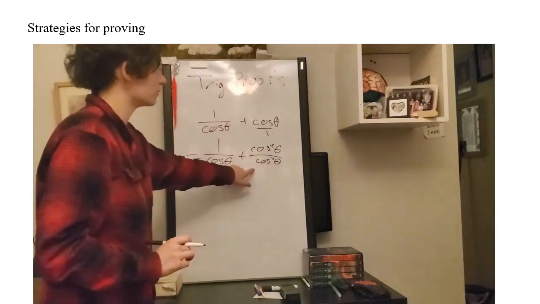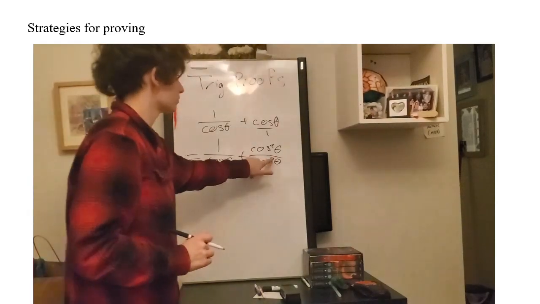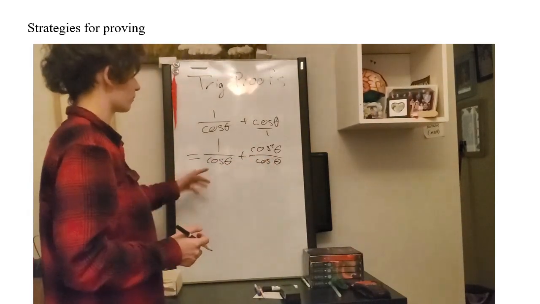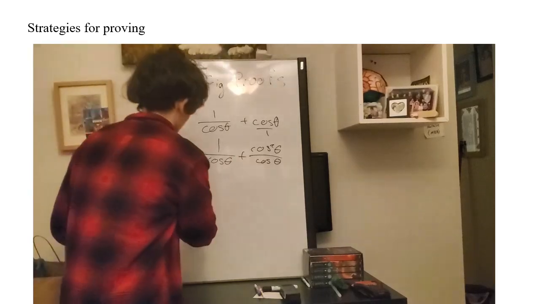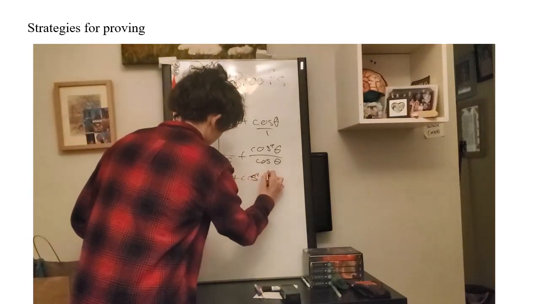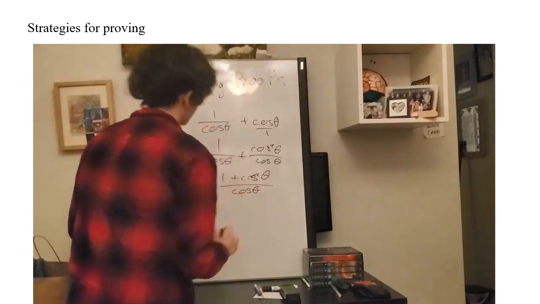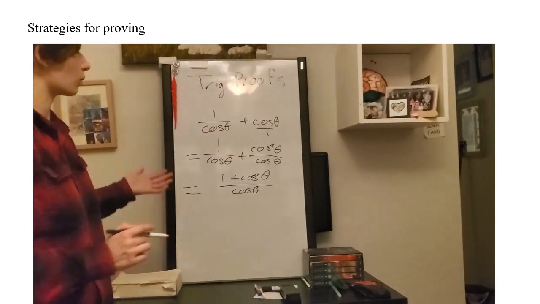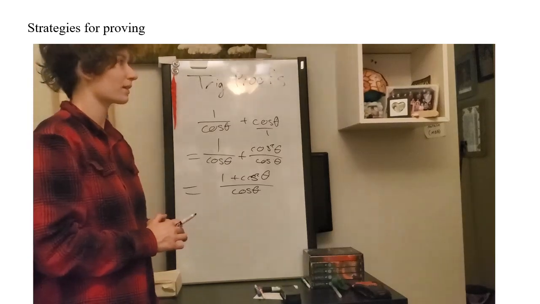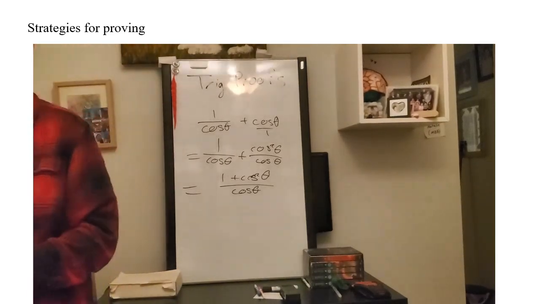This value is equivalent to cosine theta, but now they have the same base, so you can add them together. And now having them in one fraction may make them easier to work with, make it easier to identify anything that you could replace using your identities.